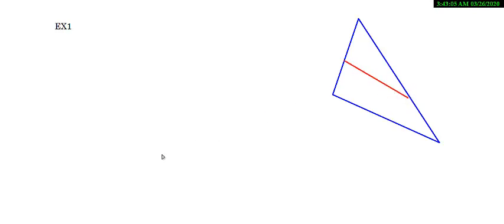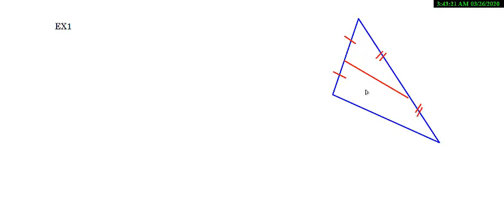This segment is given as the mid-segment of the triangle, so this is equal to this segment, and the other side is equal to that segment there.